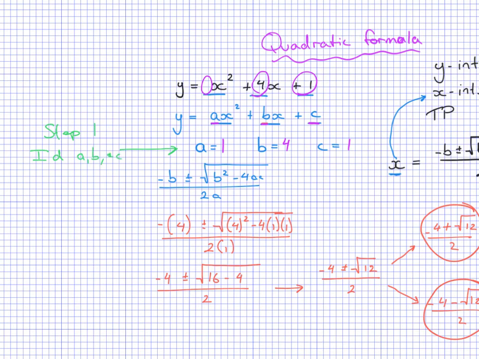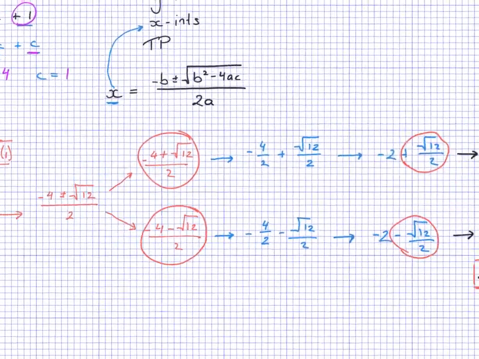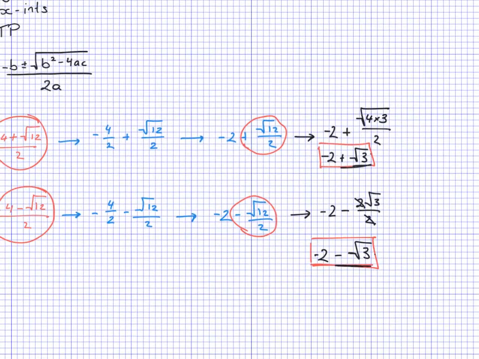And then step 2, substitute in a, b, and c. It's particularly important that you do that process of writing your notes and annotating them, because that is how your notes become useful in the future.